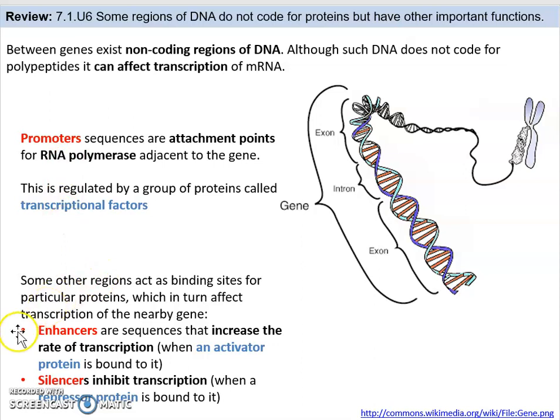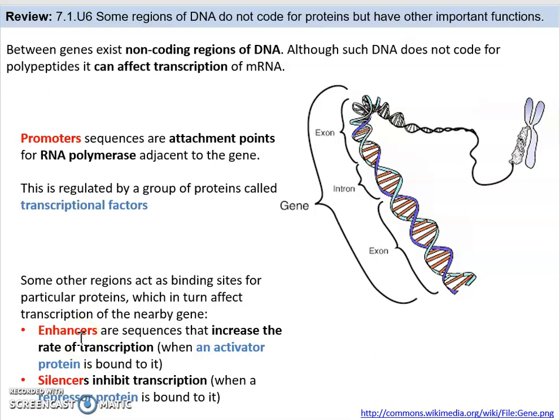So if we scroll down here, we can see that we've got certain enhancer regions which are upstream of the promoter, or sometimes part of the promoter itself. If and only if certain proteins are present, these activator proteins can bind to this particular region, and that will encourage the RNA polymerase to bind and do transcription at a faster rate.